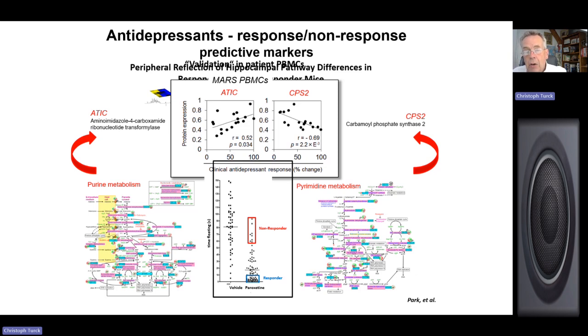And Dong then looked at the expression of these proteins that he had found in the mouse to have altered expression levels, and found a very good correlation between the expression of one protein from the purine metabolism and one from the pyrimidine metabolism, where the expression nicely correlates with the clinical response of the patient, who was also subjected to SSRI treatment.